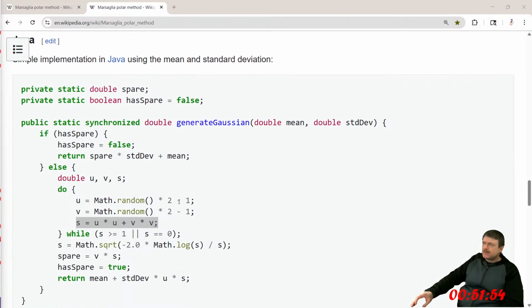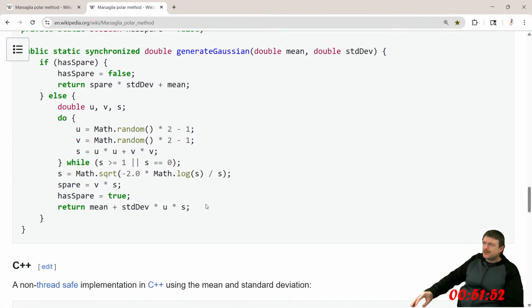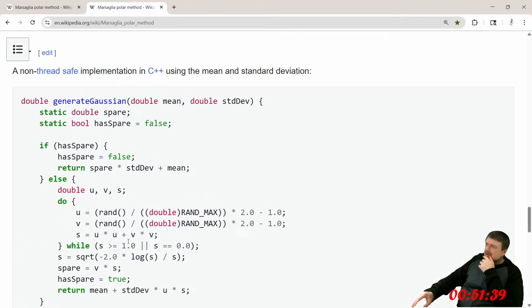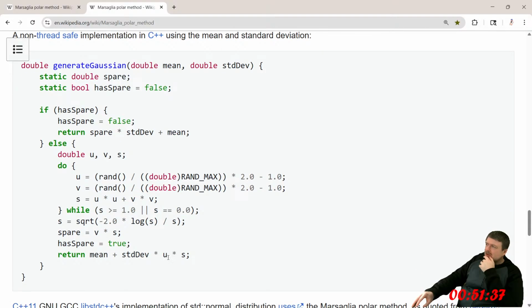Okay, so what's up with this part? So the mean plus the standard deviation plus U times S. And then that's what? That's like a U times S? Hold on, this is double mean and standard deviation.